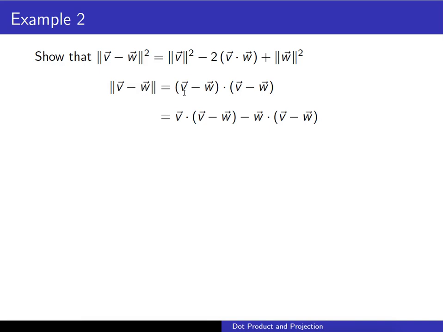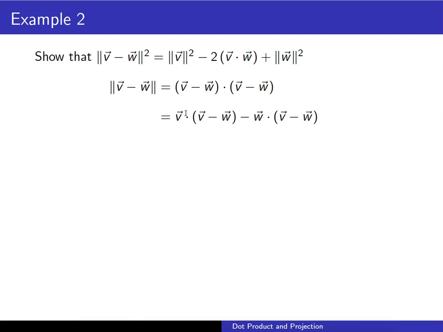Well, distributing our vectors here, using that distributive property, we have vector v dot vector v minus w, and then minus vector w dot vector v minus w. So it's almost like we distribute the vector v times this quantity and then negative vector w times this quantity as well.